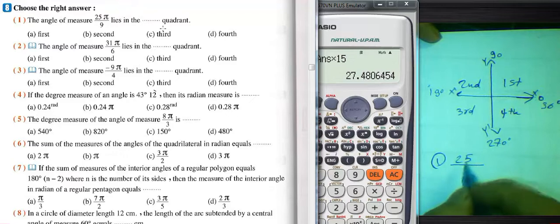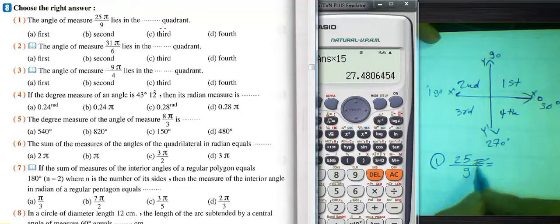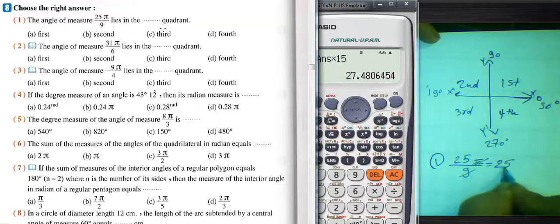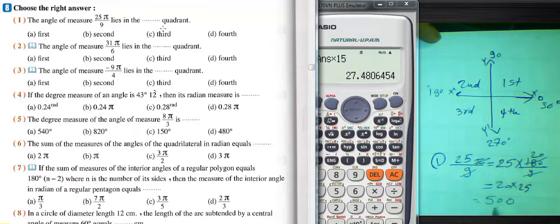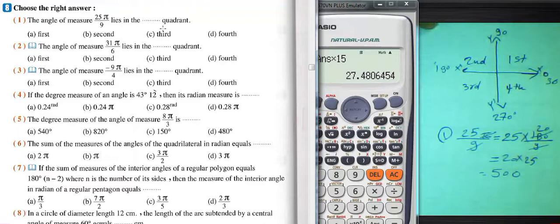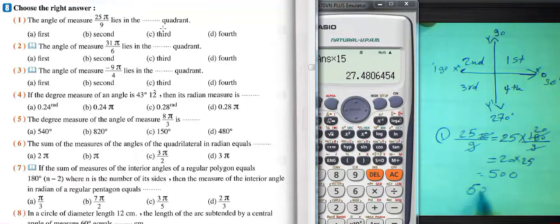Question number 1, 25 over 9 pi. We can cancel pi by replacing it with 180, so the result will be 25 multiplied by 180 over 9. 180 over 9 equals 20, and 20 multiplied by 25 equals 500 degrees.